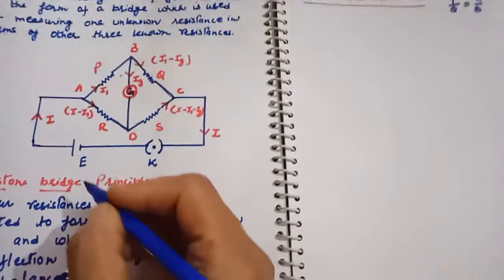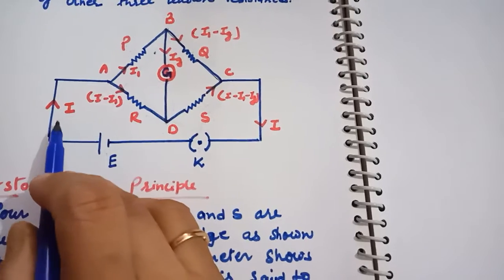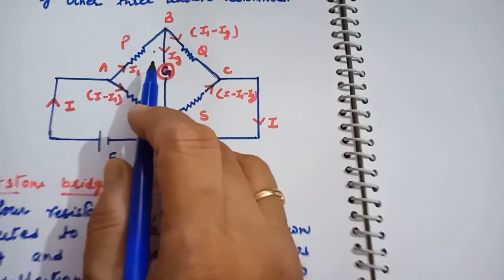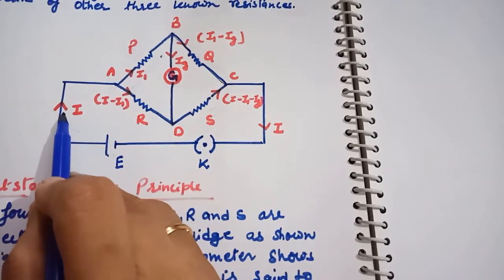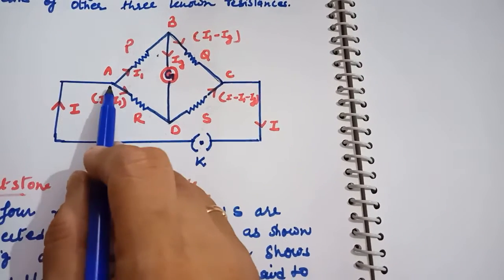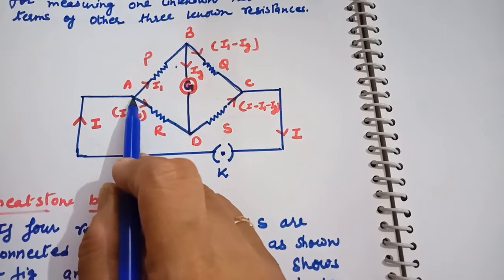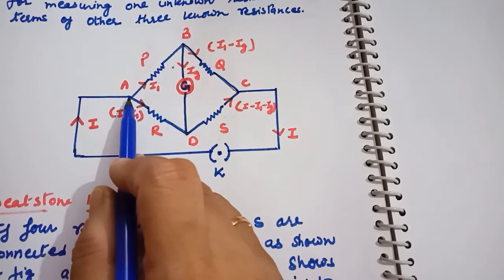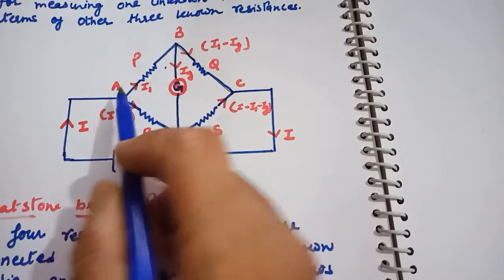So in this diagram, let us see what the currents are in the respective arms of the bridge. This is a battery. The total current I is flowing from the battery, and when this current reaches the point A, it will divide into two parts.